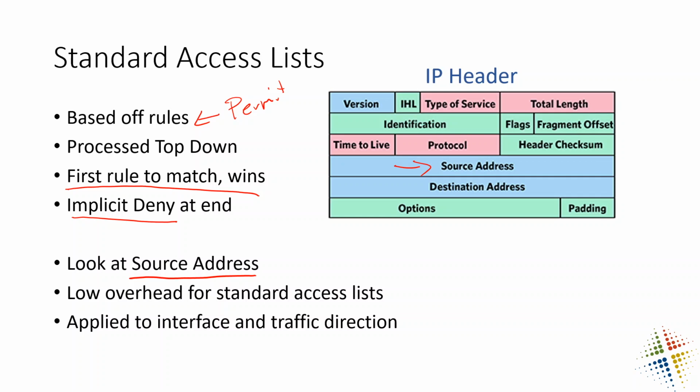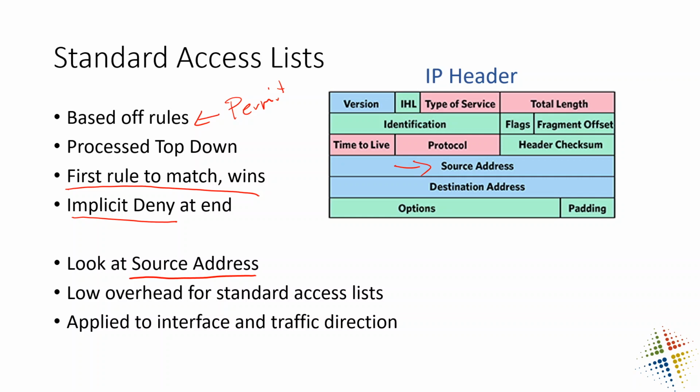Remember, computers are not very smart, and until recently, they were really, really slow. So looking at more than just the source IP address was very compute intensive and would slow down a lot of the traffic. So they said, we're only going to look at the source address. We're only going to look to see who's sending us this traffic and then decide whether we want to allow it or not.